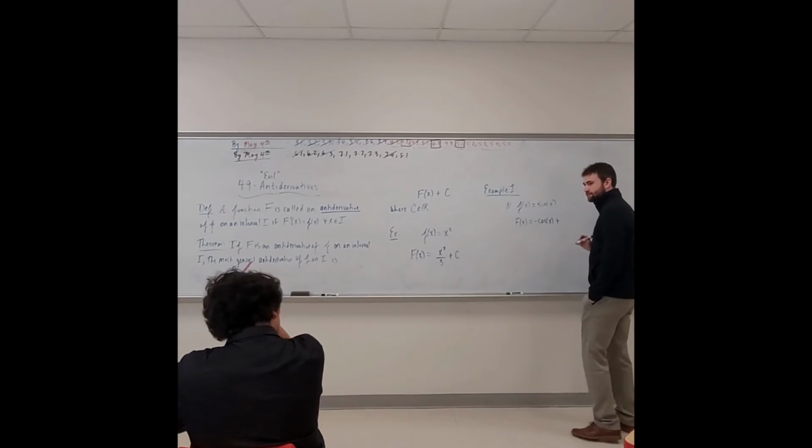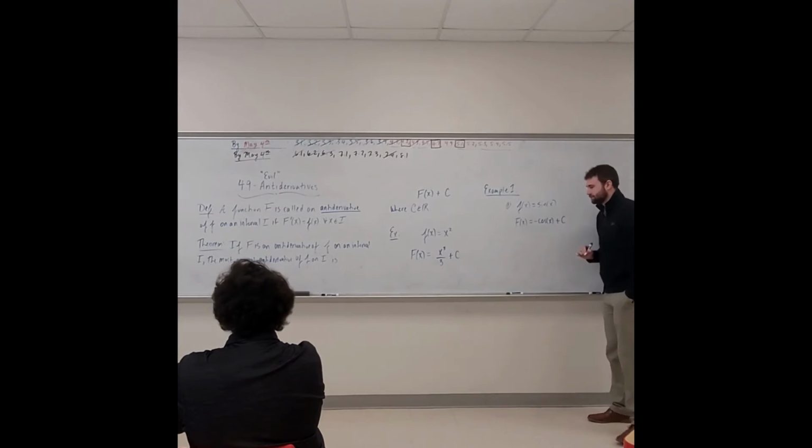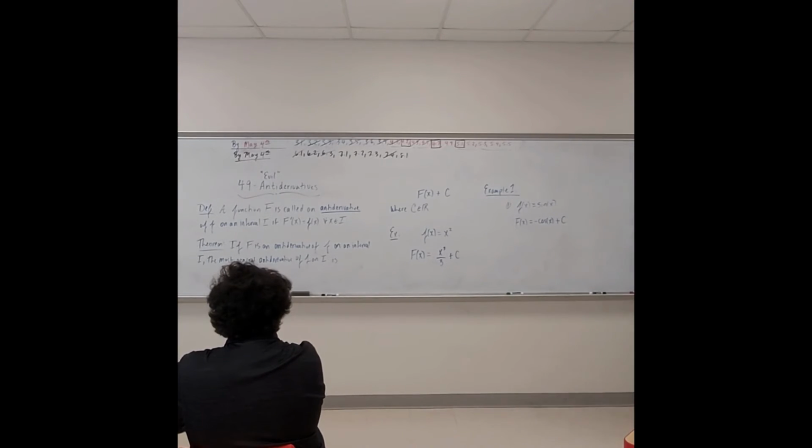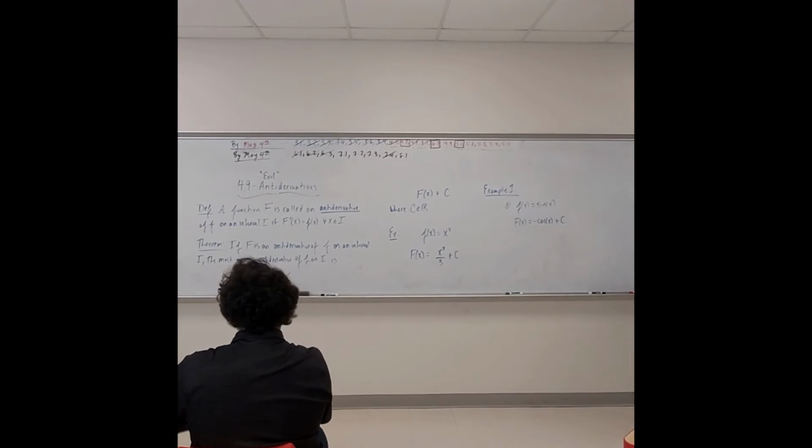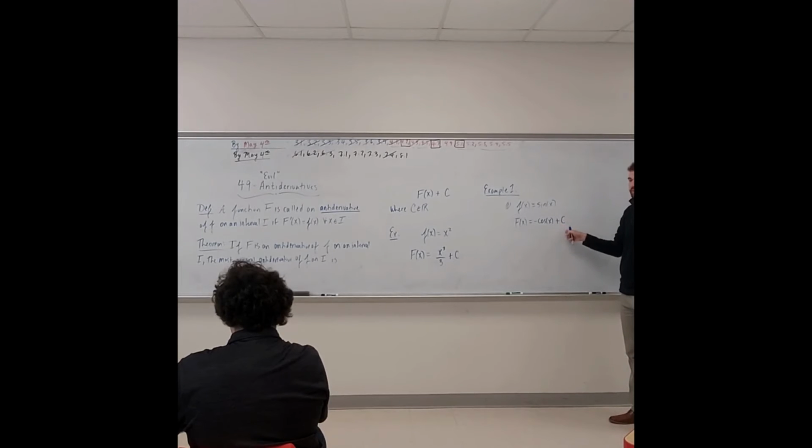Plus c. Good. You have to put that plus c. If you don't, then it's like forgetting the negative on something. That's how wrong it is. Because later on what we're going to be doing is figuring out what this c is based on some other information.